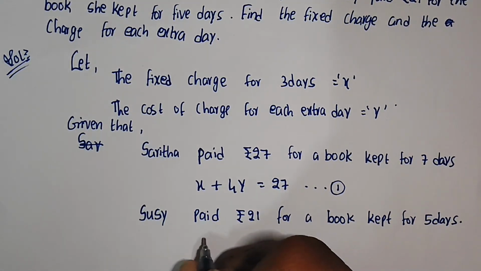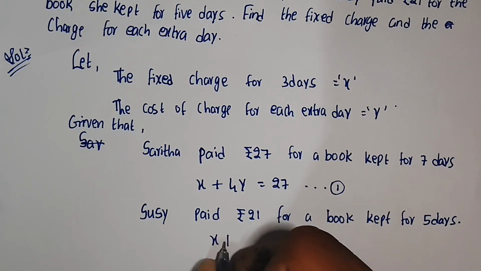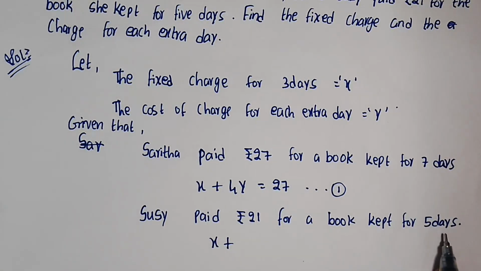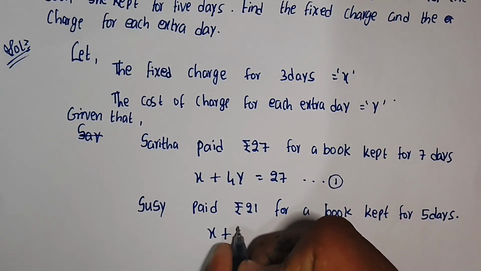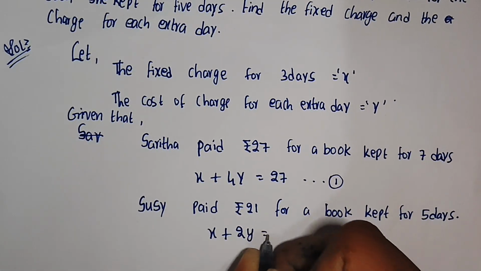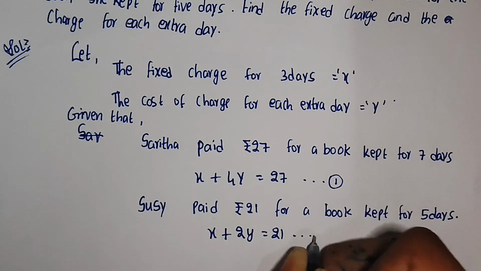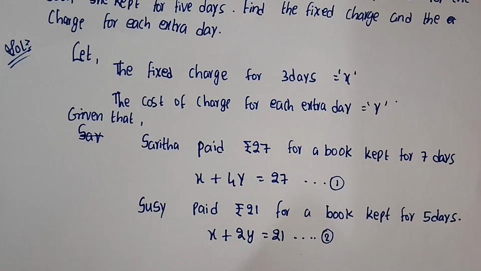So x plus, remove the 3 days from 5 days. 2 days, 2 into y, 2y equals 21 rupees. I am taking it as equation 2.